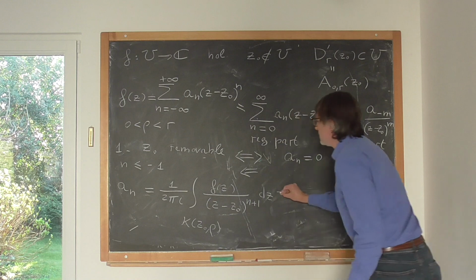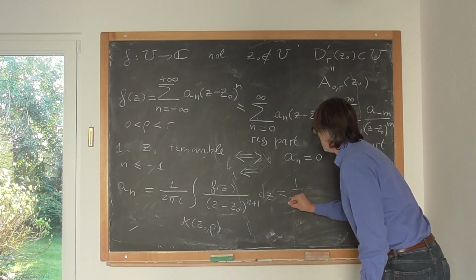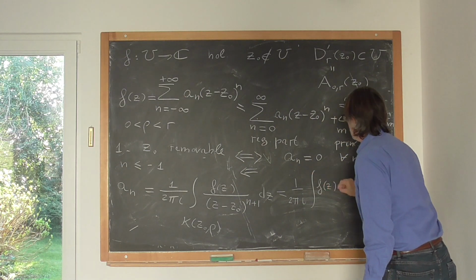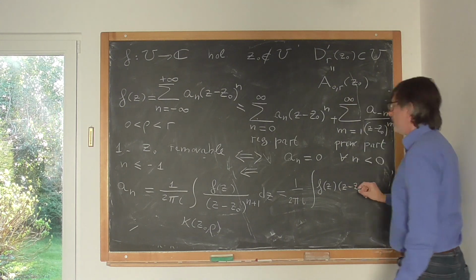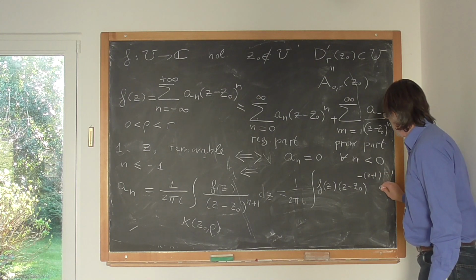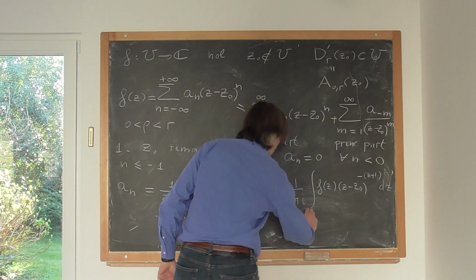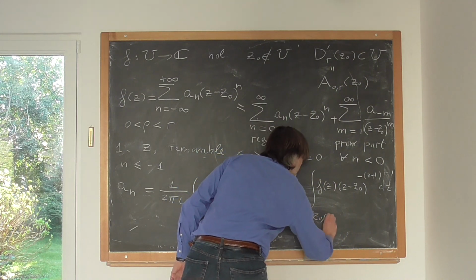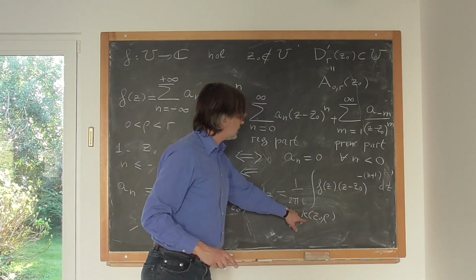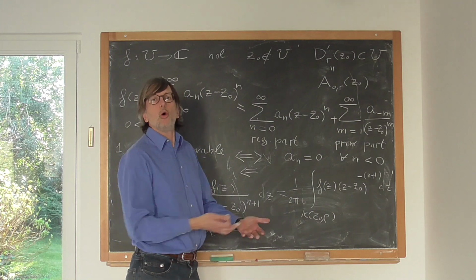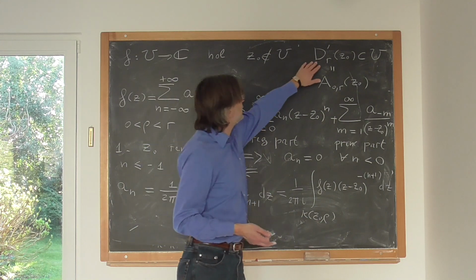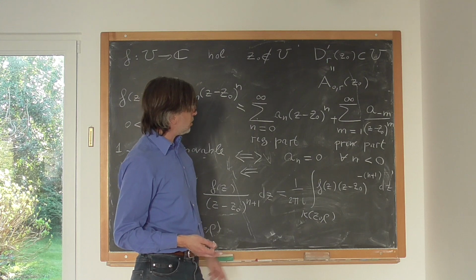So this we can also rewrite like this. This is 1 over 2 pi integral of f of z times (z minus z naught) to the power minus (n plus 1) dz, again on the same circle. So what do we see here? This is the integral on this circle of a function which is actually holomorphic inside the whole disk D_r of z0.